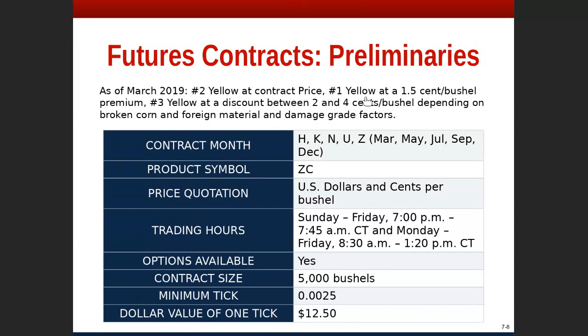You can see that again, the contracts are highly standardized, and the contract size is 5,000 bushels of corn. So if I buy this contract, then I have to buy 5,000 bushels of corn. Or if I sell this contract at some point in the future, I need to sell 5,000 bushels of corn, unless again I reverse trade.